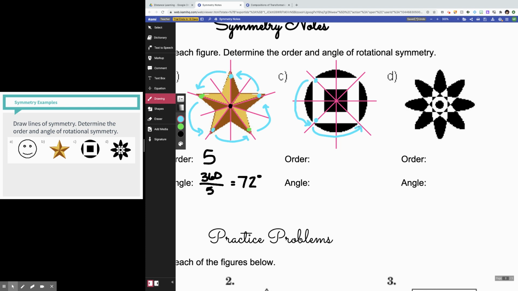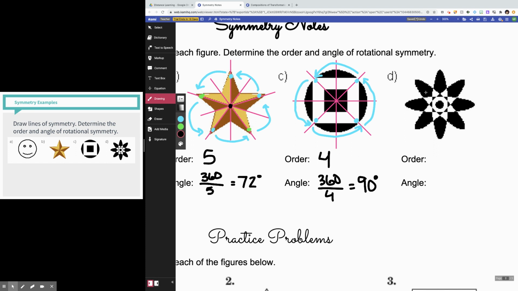I can do that again twice to get the blue point here, a third time to get the point here, and then a fourth time to get it back where it started. So the order of rotational symmetry here is 4, and the angle is 360 divided by 4, which is 90 degrees. That makes sense when you think about a square: every time you turn it 90 degrees, it ends up looking right back like a square.